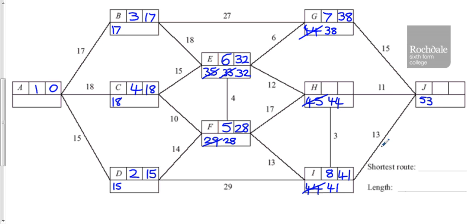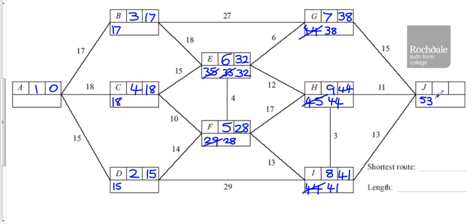Of the working values, and there's only two of them at the moment, there's 44 and there's 53. 44 is the smallest, and because I was the 8th, H is the 9th to be given a final value. From H, the only place I could travel that hasn't been given a final value is J, which would be 44 plus 11, which is 55.